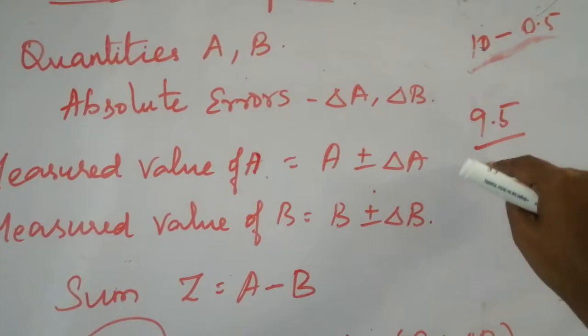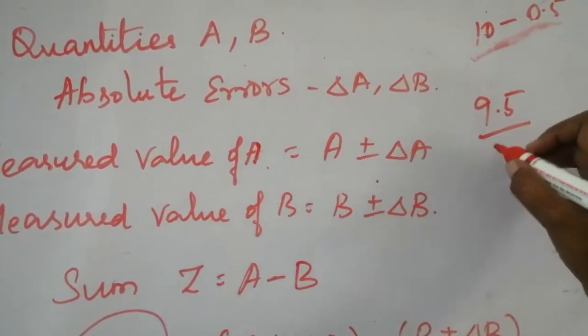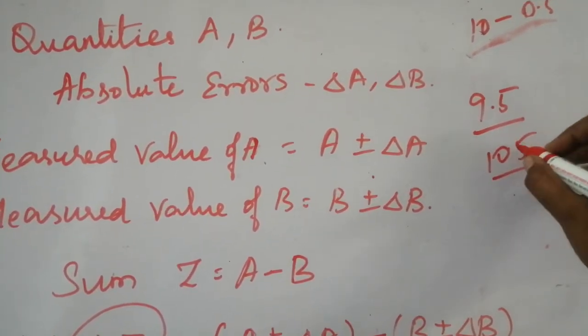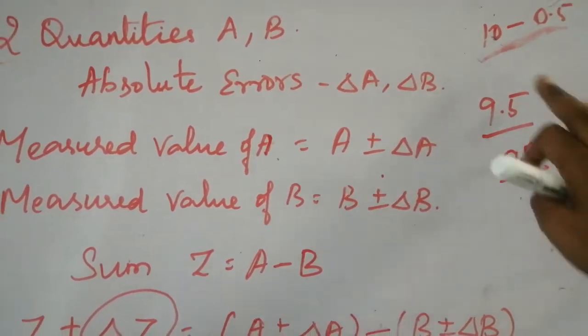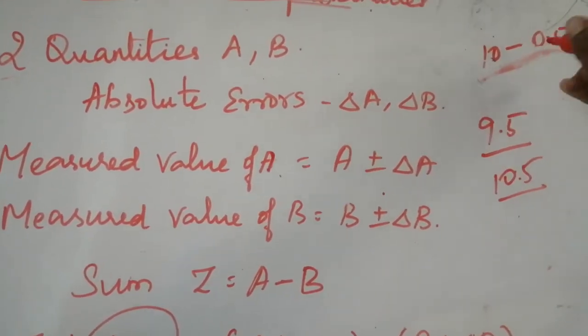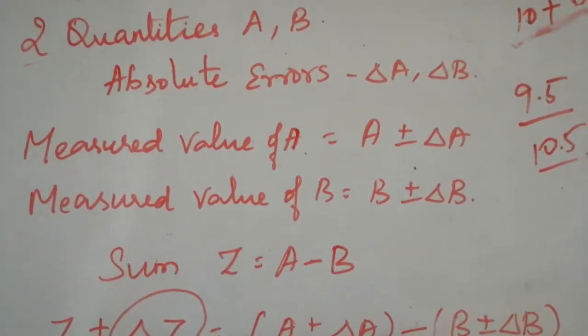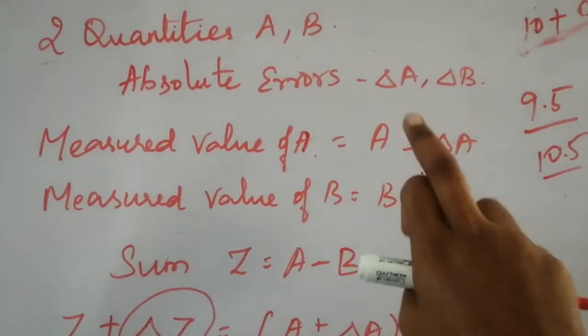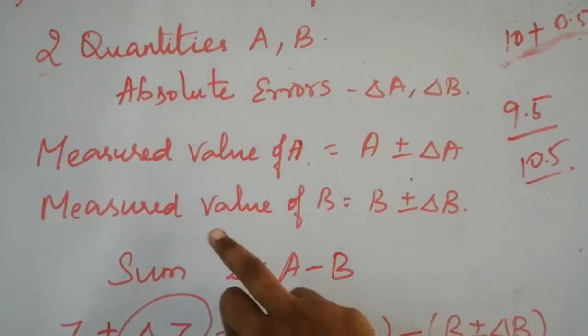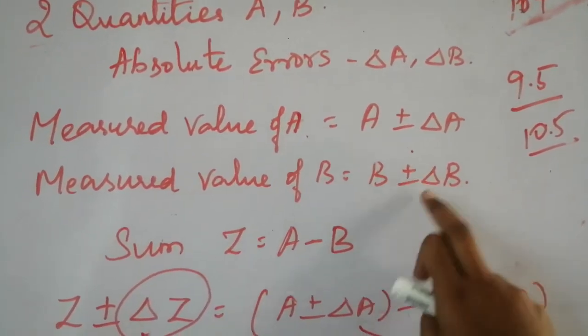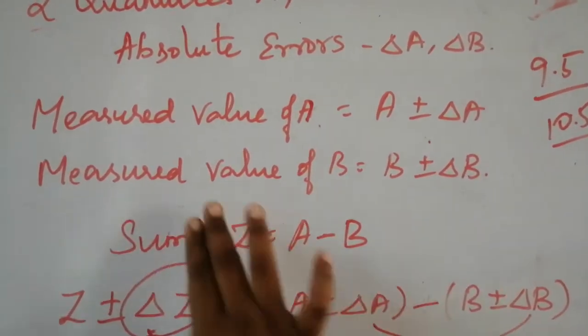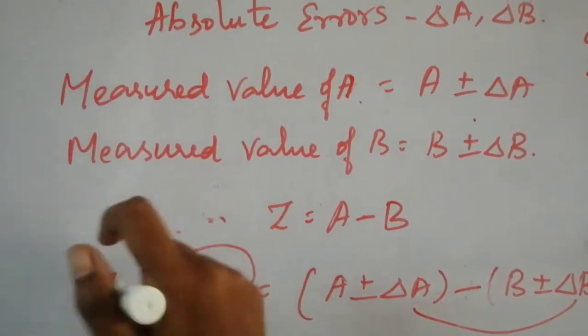In the second reading, if I have measured 10.5, it means original value plus 0.5 error value. So the measured value would be original value plus or minus error value, and for B it is B plus or minus del B.